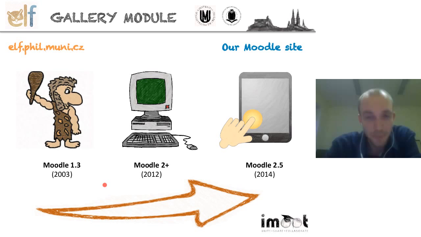We upgraded to Moodle 2 plus in the summer of 2012, which was a great leap, and we're still recovering from that, in a sense. We're currently at Moodle 2.5, and we'll be upgrading to 2.7 in a few months.